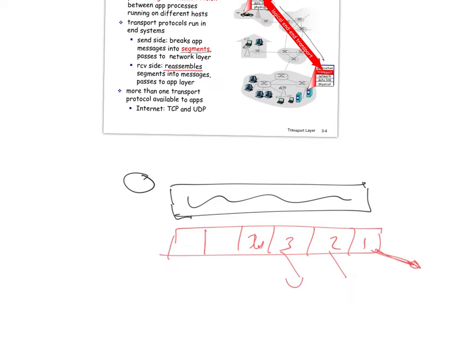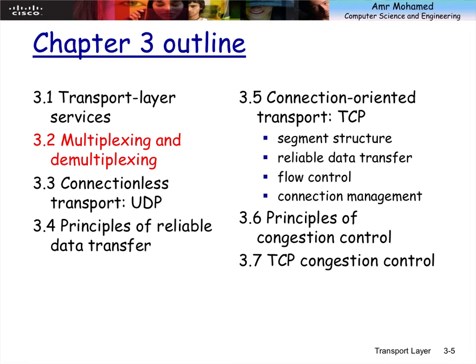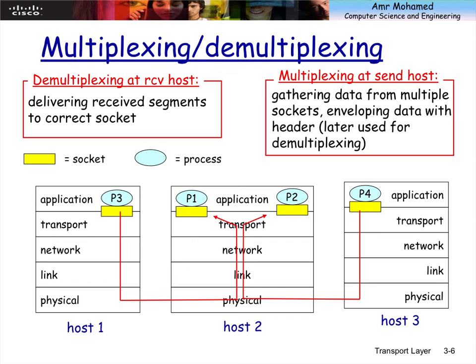Okay, for the concept of multiplexing and demultiplexing, as we said, on the receiver side the transport layer is responsible for demultiplexing the segments that are coming in to the specific application endpoint based on, again, the port number. Bravo, yes, based on the port number. Each application, or each thread of the application, has some kind of buffer.